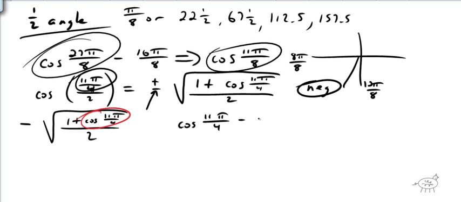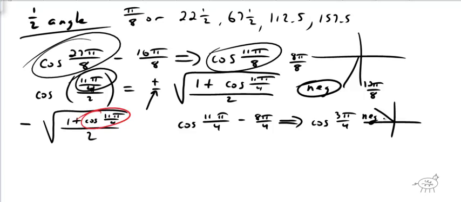So if I subtract 2 pi, which is 8 pi over 4, I really get cosine of 3 pi over 4. Looking at where this is, 3 pi over 4 is here, and you guys agree it's negative as well. So cosine 3 pi over 4, the reference angle, is root 2 over 2. In fact, they're always going to be root 2 over 2, just because everything is going to be based on a 45 degree angle, with pi over 4. So that's just kind of nice. You know it's going to be root 2 over 2.